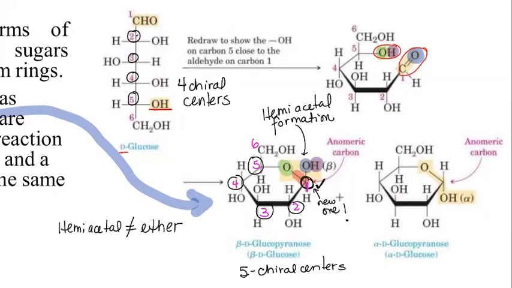Because the attack of the oxygen can happen towards the back of that carbon or towards the front of that carbon, the anomeric position can adopt 2 different conformations. The OH in the anomeric position, if it's pointing up, is known as beta.